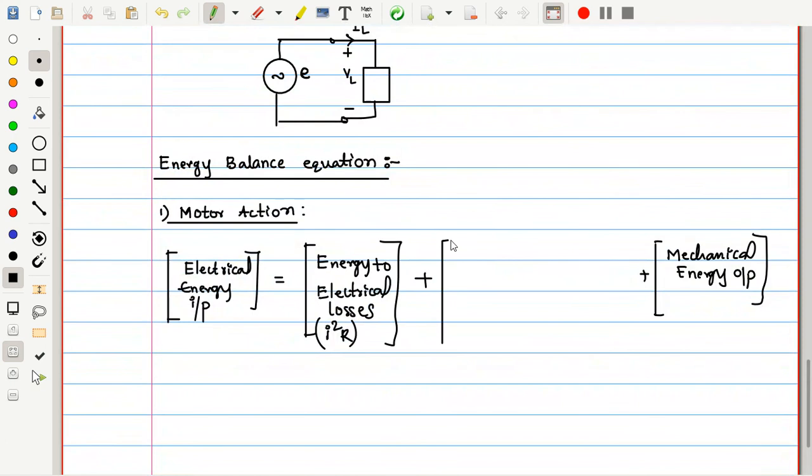One more component is that there will be certain energy to the field storage, or let me say simply energy to field, meaning magnetic field storage in electrical systems. You should understand this point very clearly.